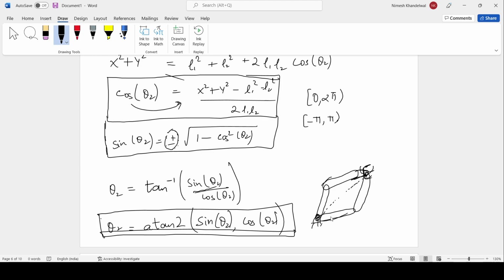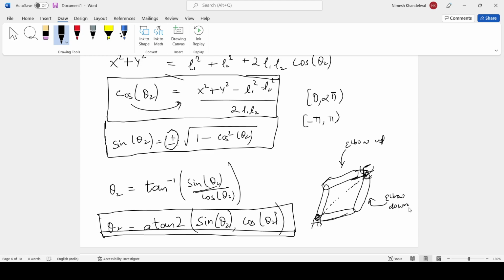This configuration is called the elbow up configuration, and this configuration is called the elbow down configuration.